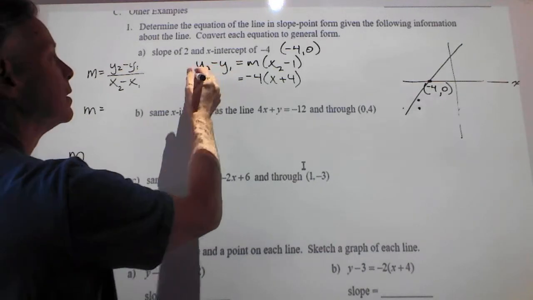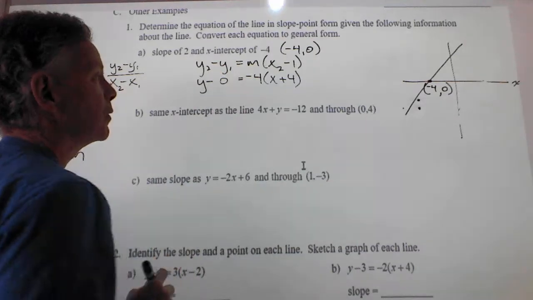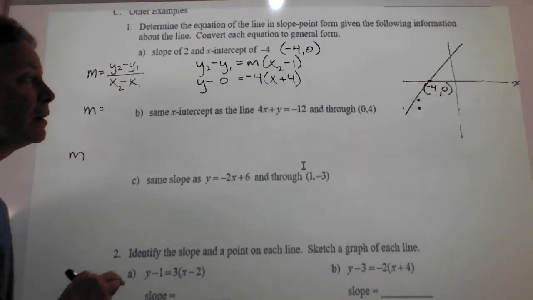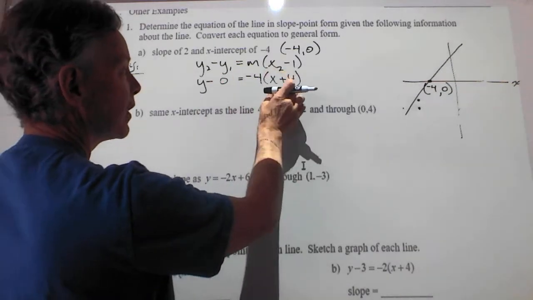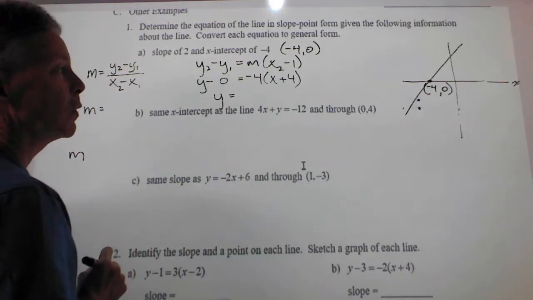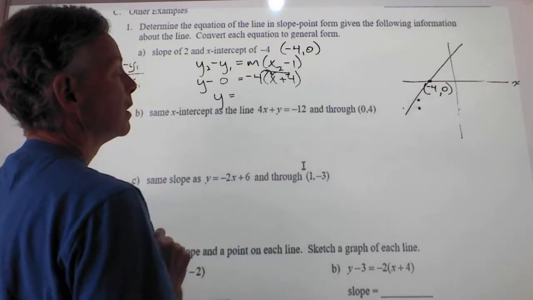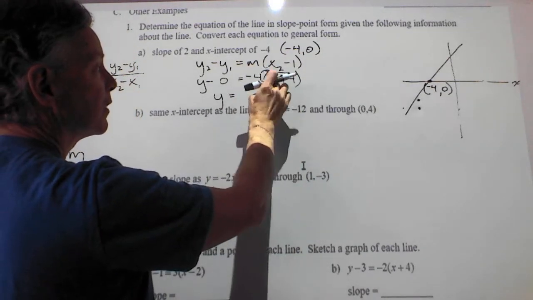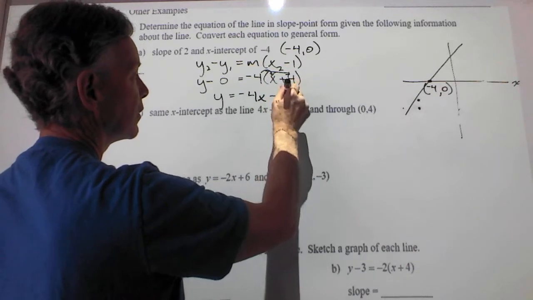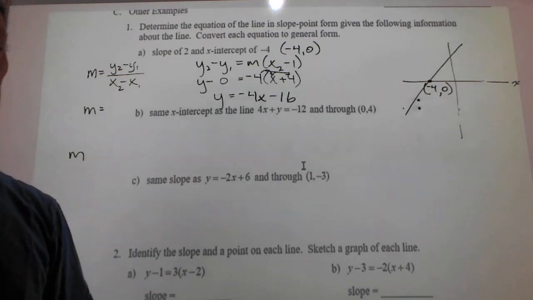Over here, we have y minus our y value, which is 0. That's handy because it's just going to disappear, right? So, simplify both sides. Y minus 0 is just more simply written as y. Distribute this -4 over both of these terms inside the brackets. -4 times x is -4x. -4 times 4 is -16. Make sense? Good.